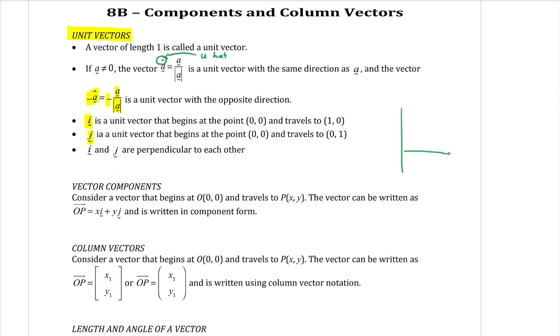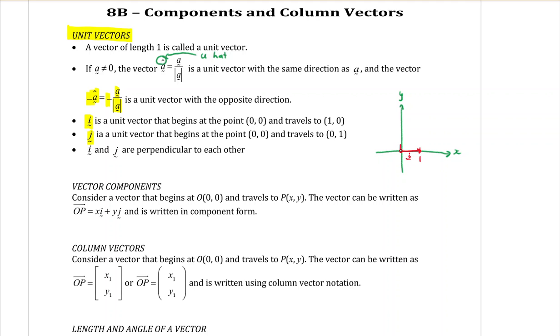Here's my little Cartesian plane, my x-axis and my y-axis. And if I start at the origin and I travel 1 space on my x-axis, that is going to be my unit vector I. You'll notice that we don't tend to put the hat on the unit vector I because that's understood that I is a unit vector.